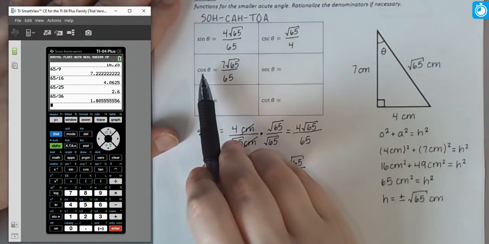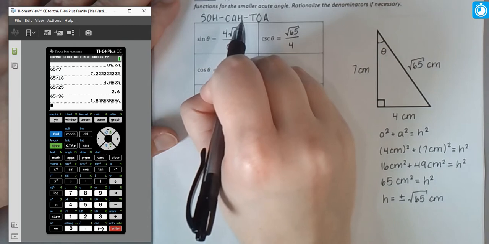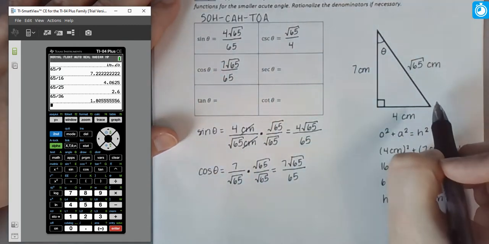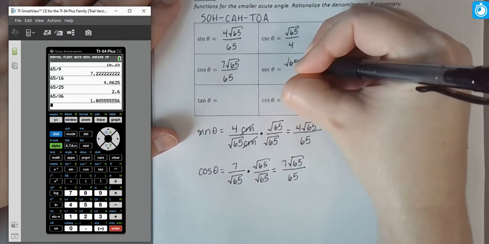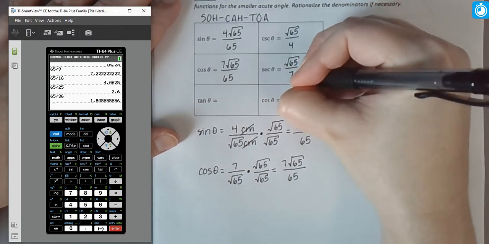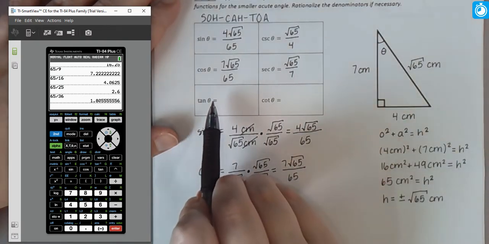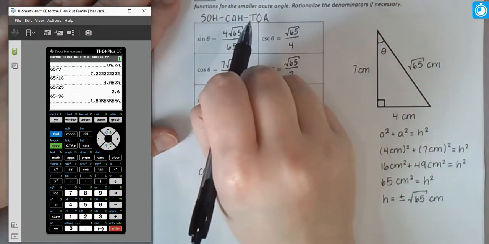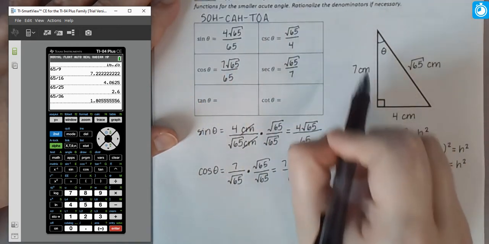Secant is the reciprocal of cosine. So if cosine is adjacent over hypotenuse, secant will be hypotenuse over adjacent. So root 65 over the adjacent side, which is going to be 7. And then tangent, we've got a couple different options for tangent. Tangent could be opposite over adjacent. So opposite over adjacent.